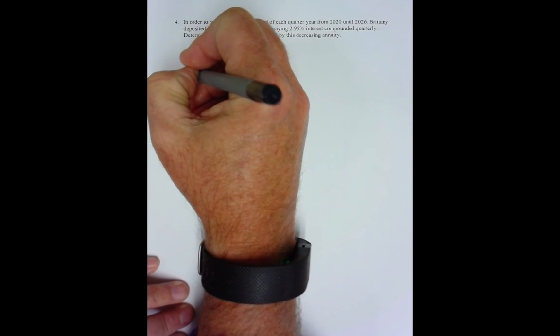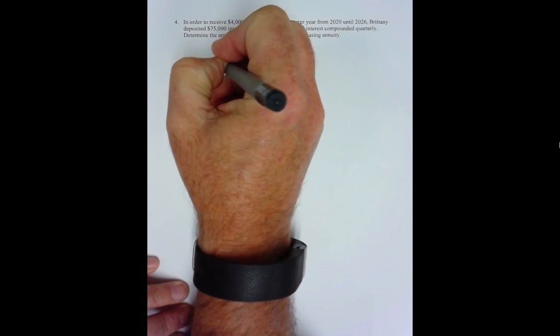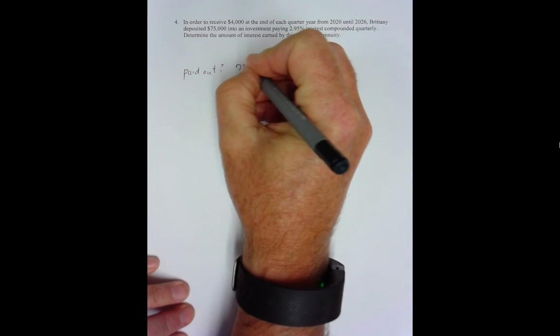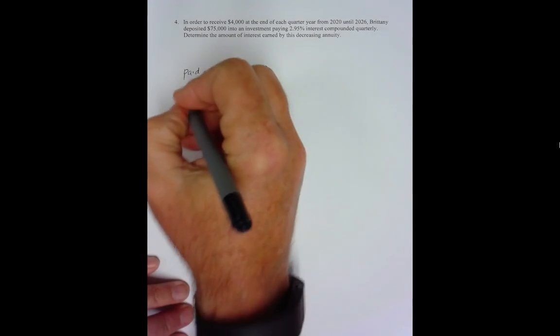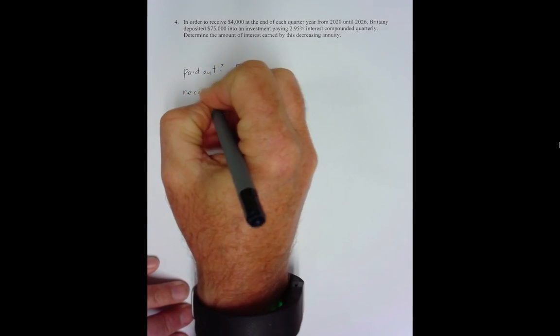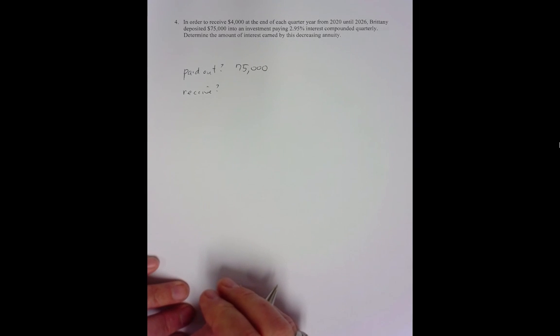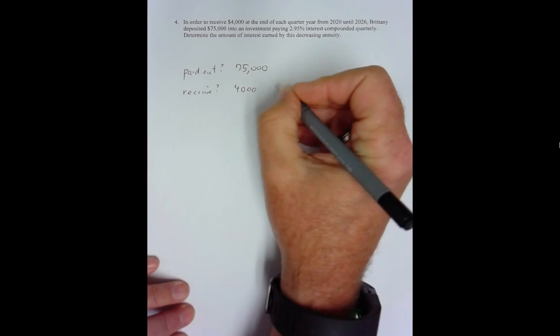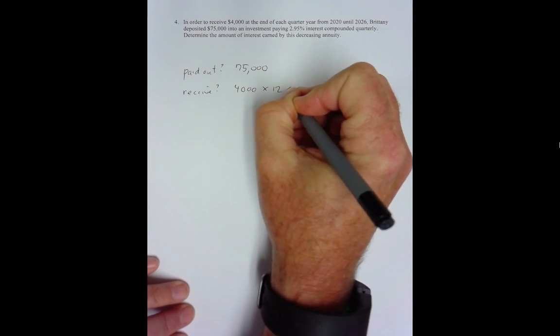Really? How much did she pay out? Well, she paid out $75,000. How much is she going to receive? $4,000 each month.